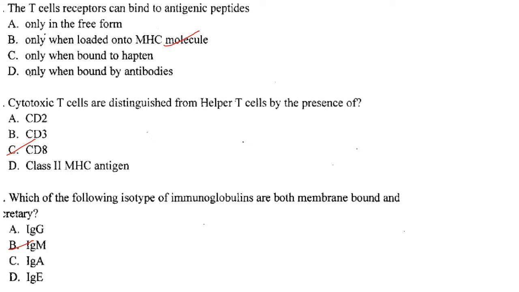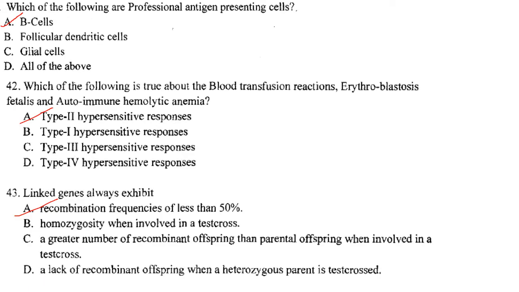Then which of the following isotype of immunoglobulins are both membrane bound and secretory? So it is IgM. Answer is option B. Then next one. Which of the following are professional antigen presenting cell? B cells.